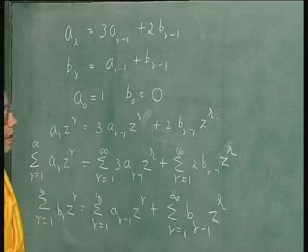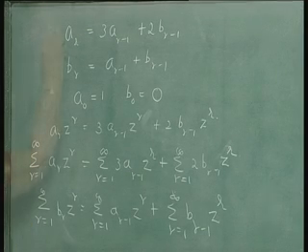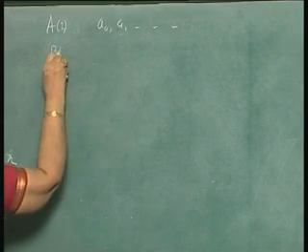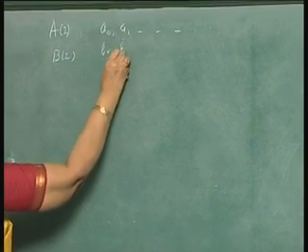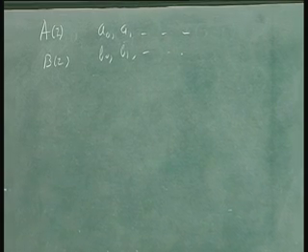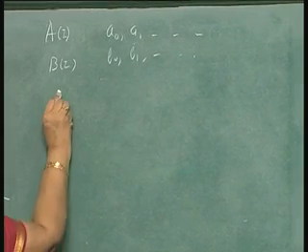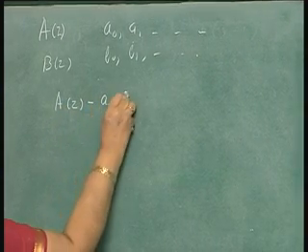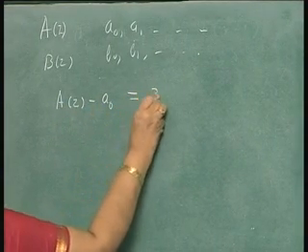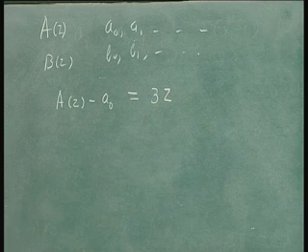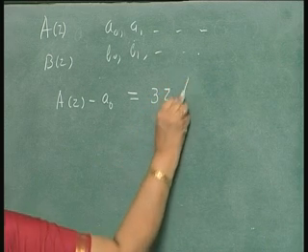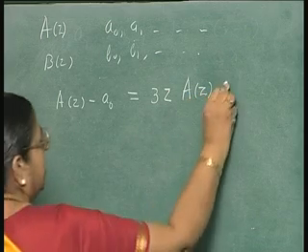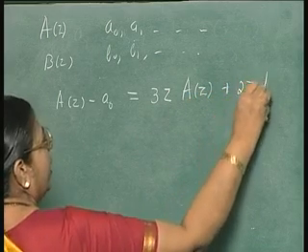Rewriting this, if A(z) is the generating function for a_0, a_1, etc., and B(z) is the generating function for b_0, b_1, etc., then these two equations become A(z) minus a_0 equal to 3 times z, take out that z, then you get 3z A(z) plus 2z B(z).